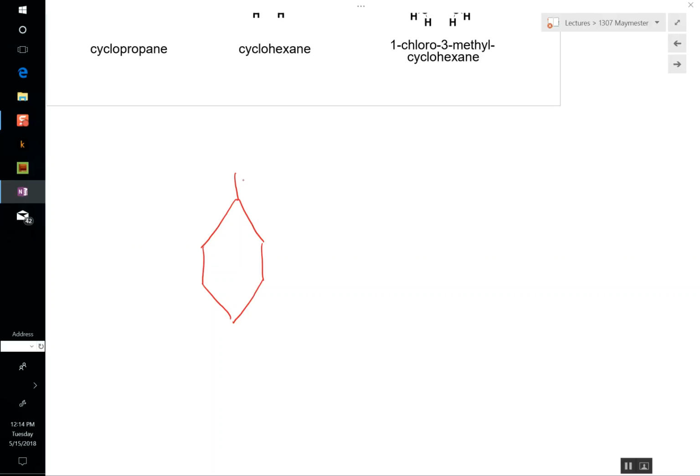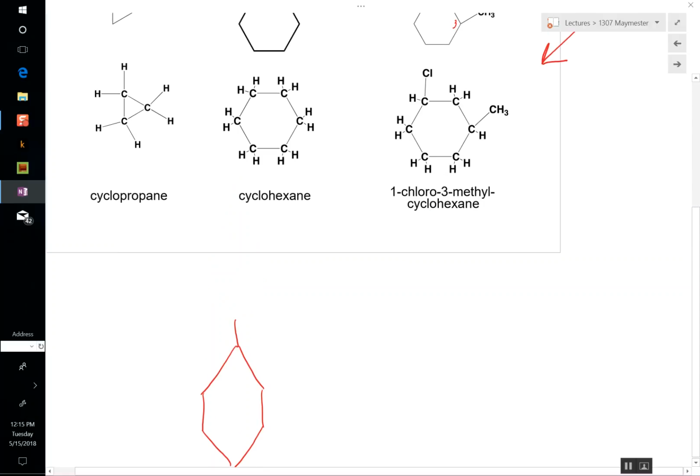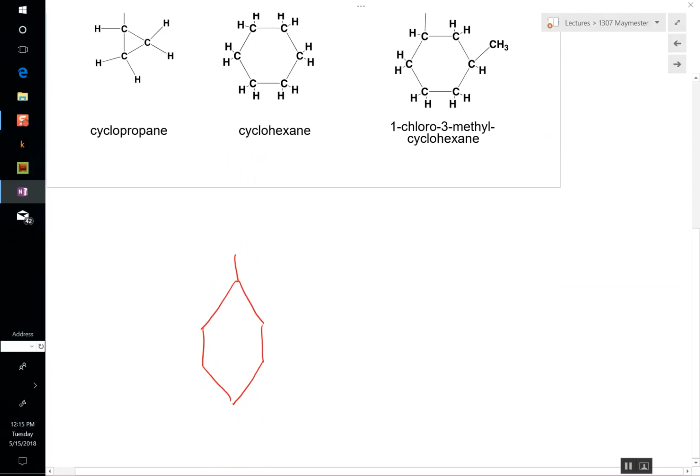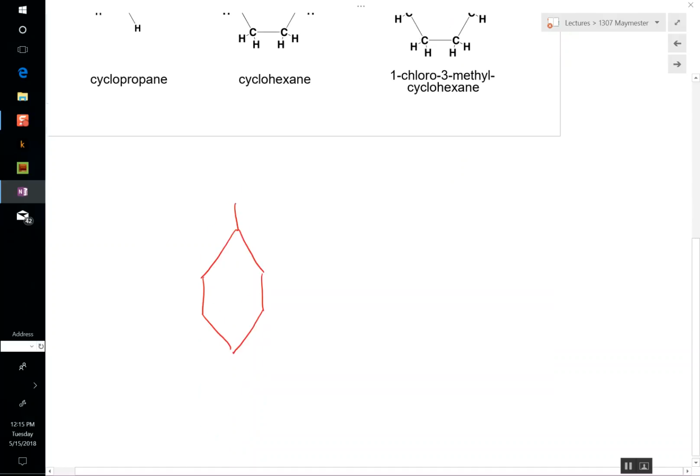Yeah, but I think their question is, how would you know to number it that way if it was just a drawing? Okay, they're giving priority to the chloro group there, but let's go back to this one.